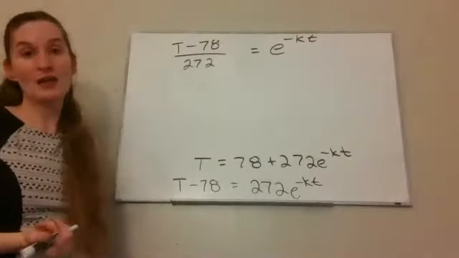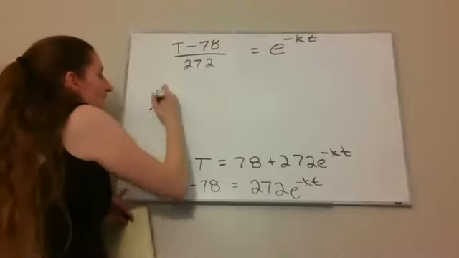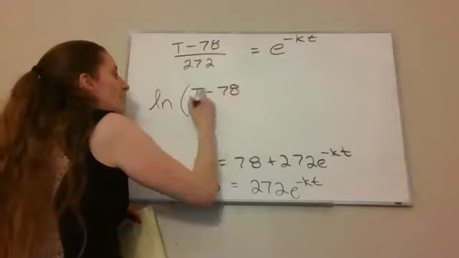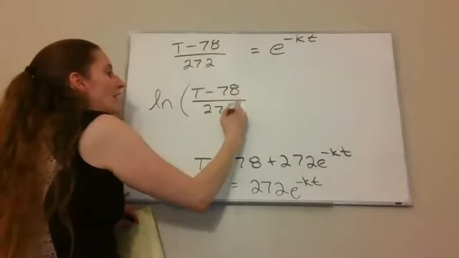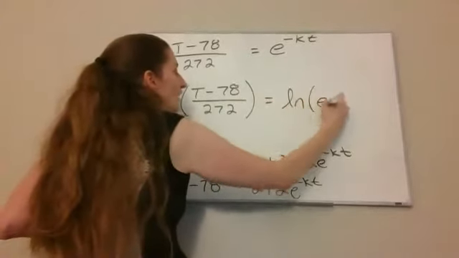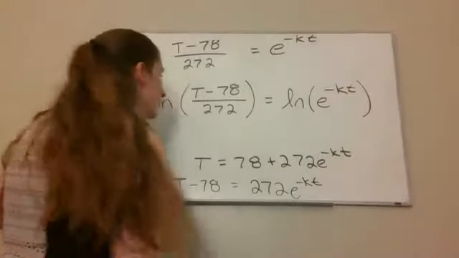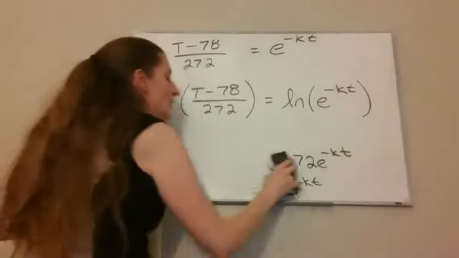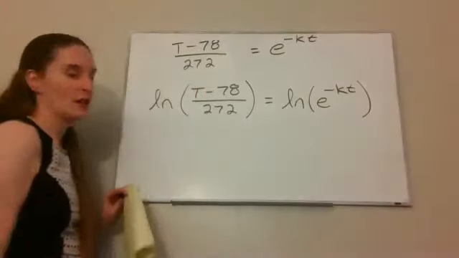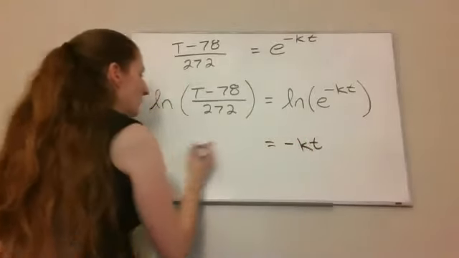Now that the exponential term is by itself, I'm ready to take logarithms of both sides. And I'm going to use a natural logarithm. So I get the natural log of (T minus 78) over 272 equals the natural log of e to the negative kt. Now remember that when you have a logarithm and an exponential of the same base, they undo each other. So this right-hand side is now just equal to negative kt.